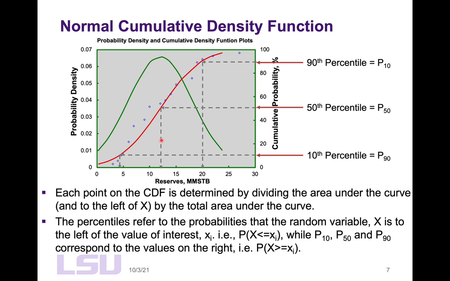So it's important to realize that percentiles are different from P10. This P10, P50, P90 are probabilities that we use in reserves evaluation in petroleum engineering. So they are different from percentiles, right? You all are familiar with percentiles. Like, well, the 90th percentile will correspond to a relatively high value, right?